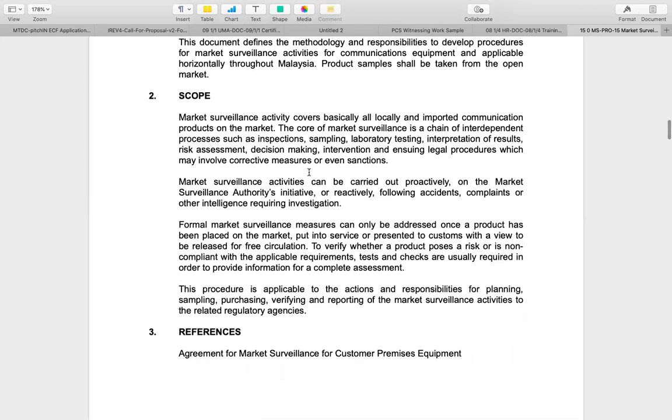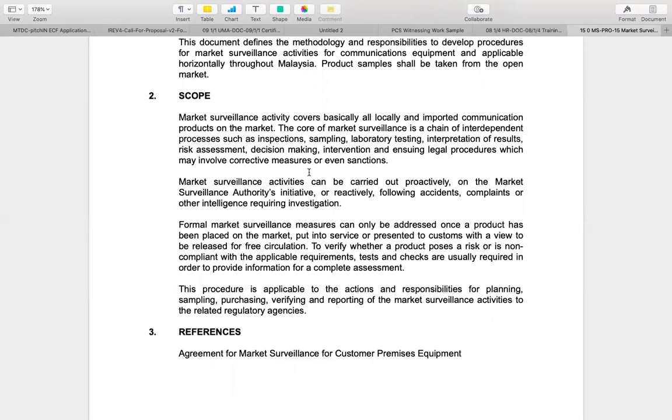So market surveillance can only actually be done once the product has been placed on the market. Okay, if the product has been certified but it's not placed on the market, and we want to do surveillance of that product, that's not possible. It's only for products that are already placed in the market. What we call a site inspection, especially for markings, is to check whether the production of the markings is proper or not.